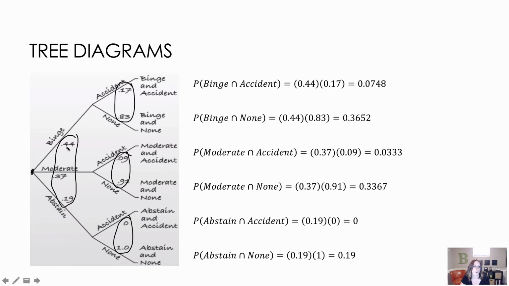I've taken 0.44, which is from this branch, times 0.17 from this branch, and found my value. And then I've taken 0.44 times 0.83 and found that value. And I did that for all of them. So the questions on the last page were to find this value, to find this value, and to find this value. And once I've made my tree diagram, it's very easy to find.